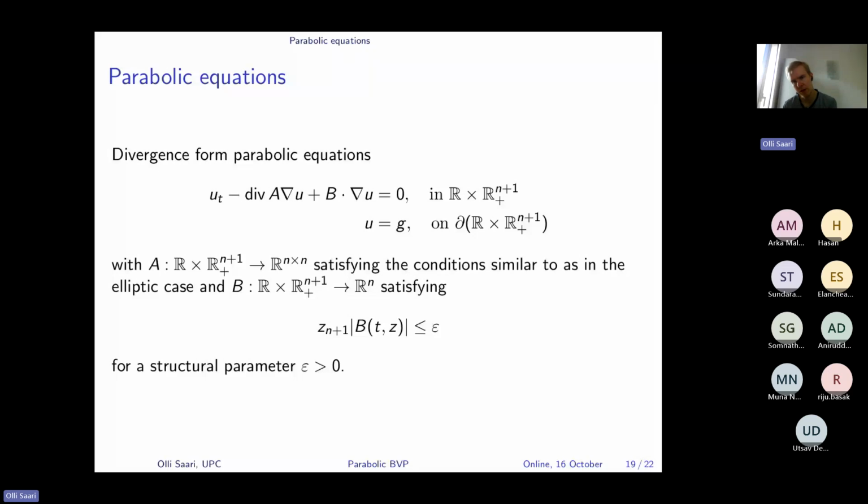But because there is this epsilon, in all the estimates, the second order term is dominating. And for instance, this condition makes sure that this operator still has as much coercivity as without the drift term.